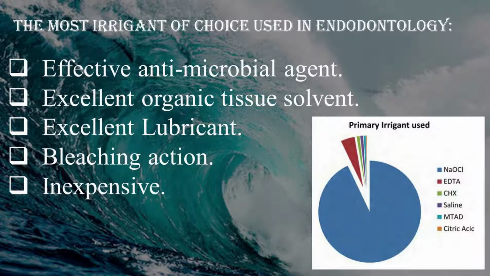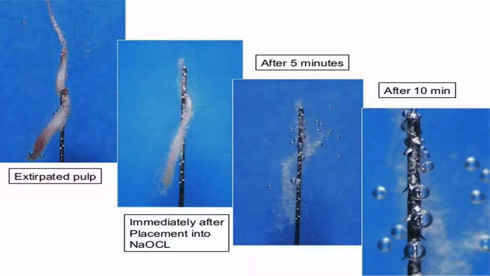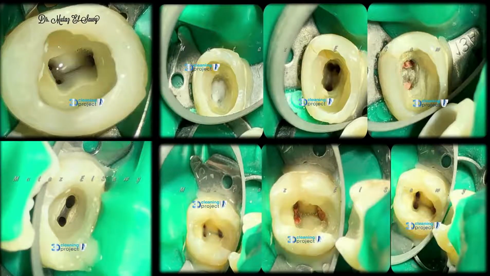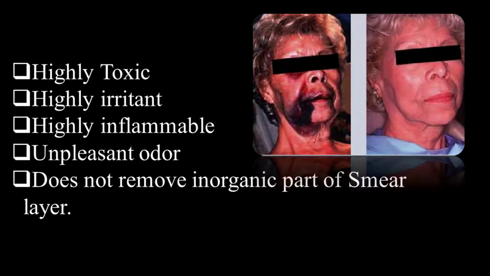The most popular choice used in endodontology is sodium hypochlorite because it's effective antimicrobial agent, excellent organic tissue solvent, excellent lubricant, bleaching action, and of course, inexpensive. However, it has some disadvantages, which is highly toxic, highly irritant, highly inflammable, unpleasant odor, doesn't remove inorganic part of a smear layer.